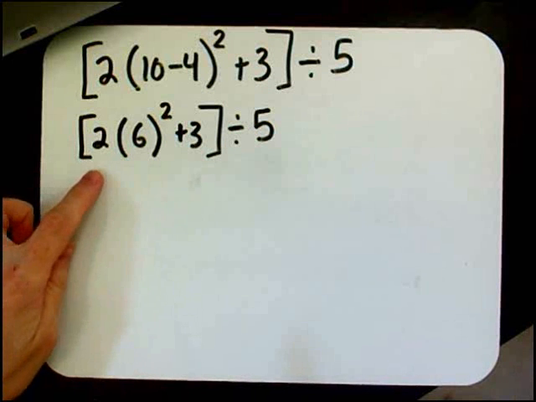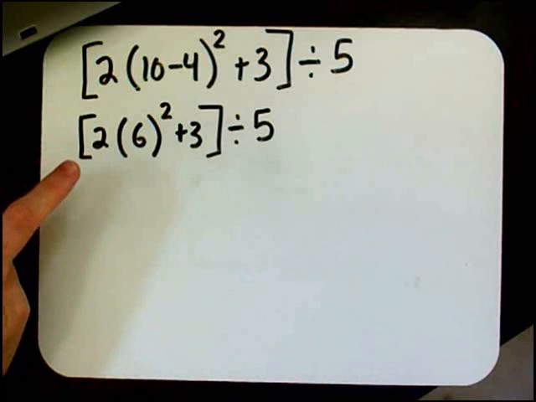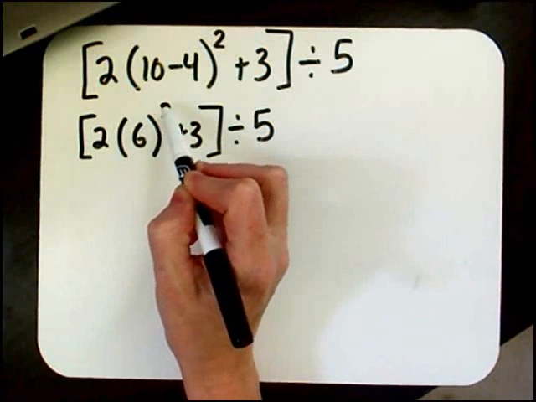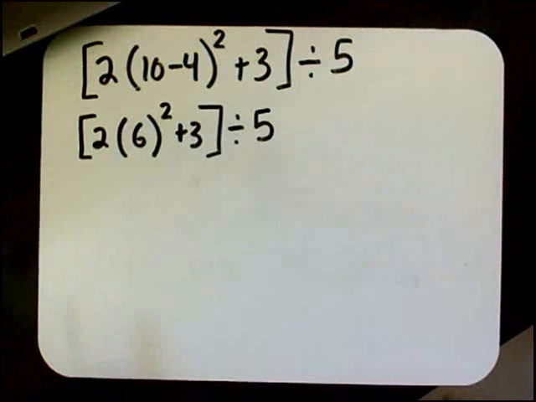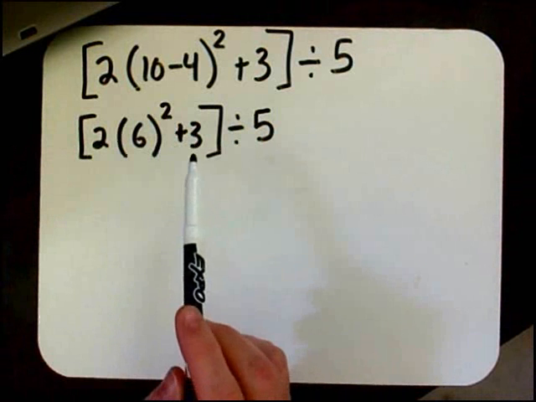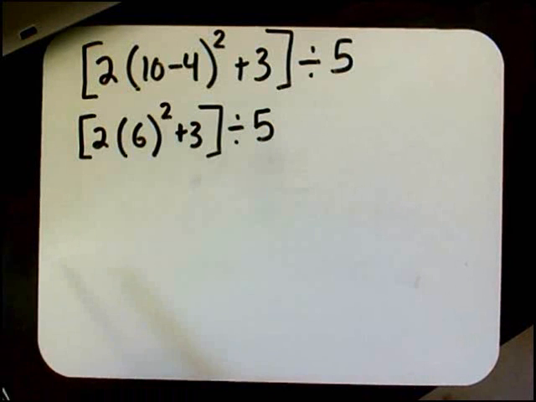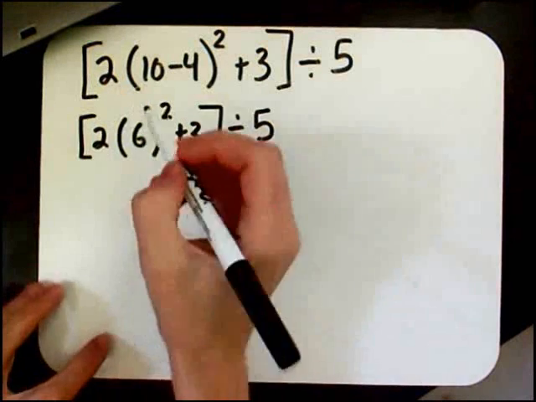We have 2 open parentheses, and we know 2 next to parentheses indicates multiplication. So 2 times 6 raised to the 2nd power plus 3 is what we have inside. So now we have to look again. Inside of there, the highest order we have to do is evaluate our exponent, 6 to the 2nd power. So then we need to take care of that.